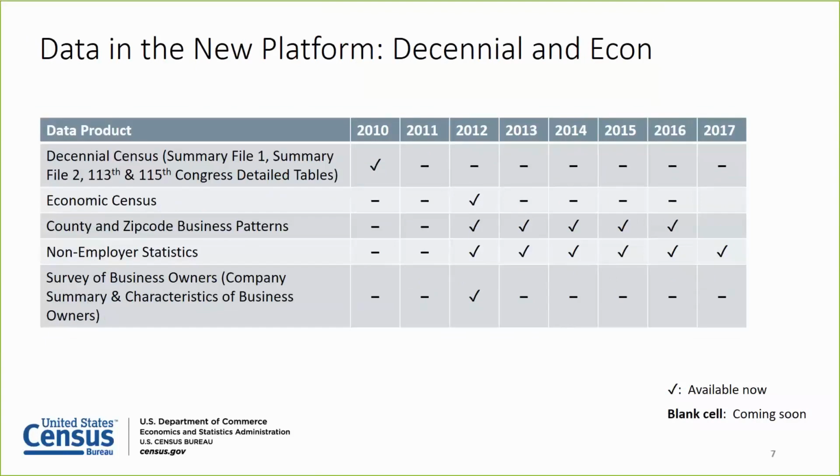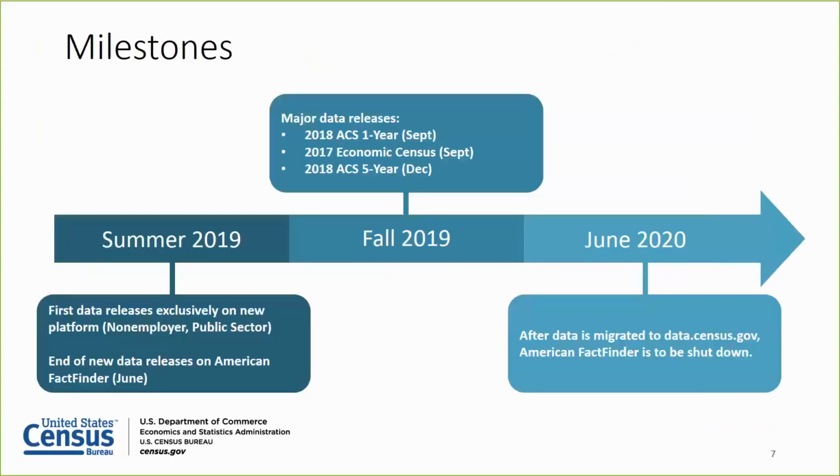Now here's a look at the decennial and also economic tables. Our latest migration is the SF2 product, the summary file 2 from decennial 2010, and we also had our first release exclusively on data.census.gov with the 2017 non-employers data.